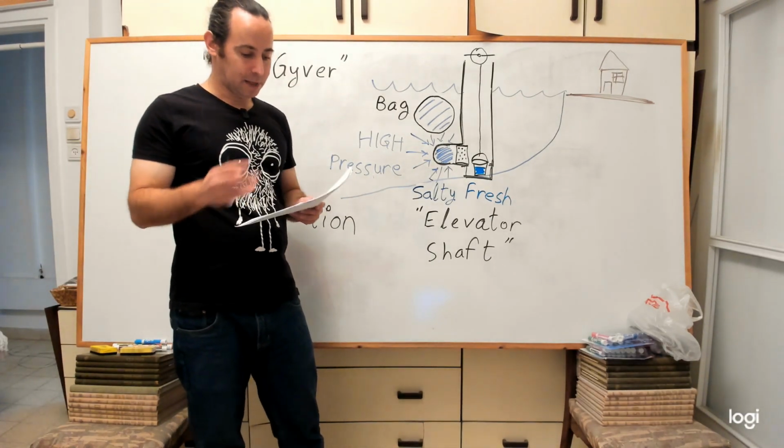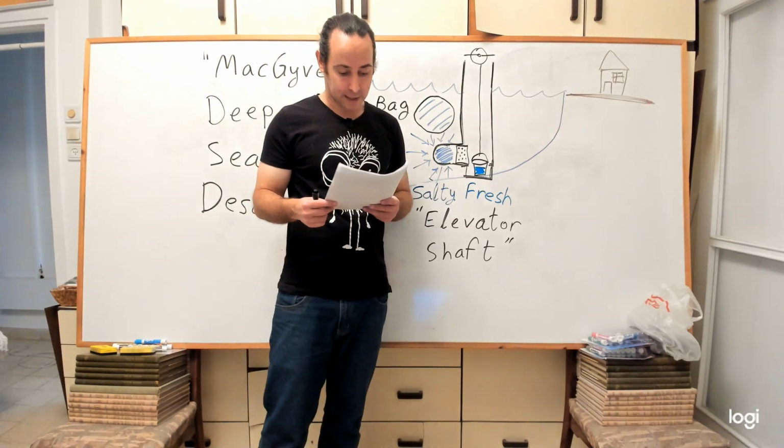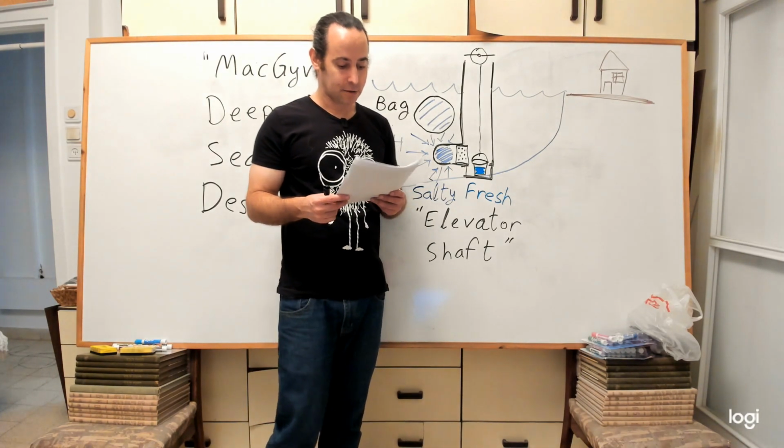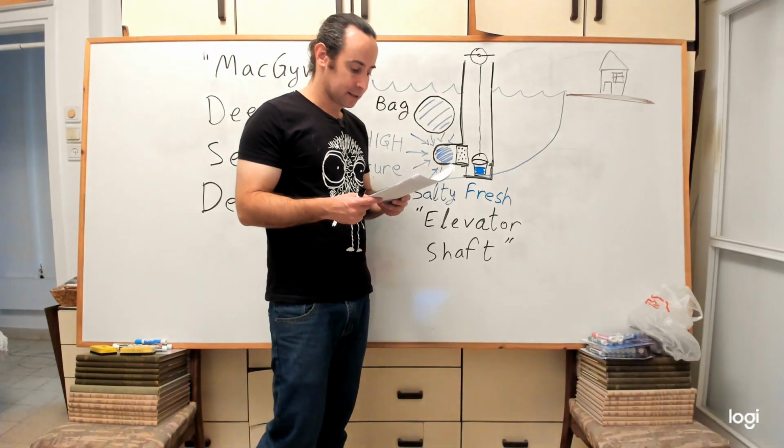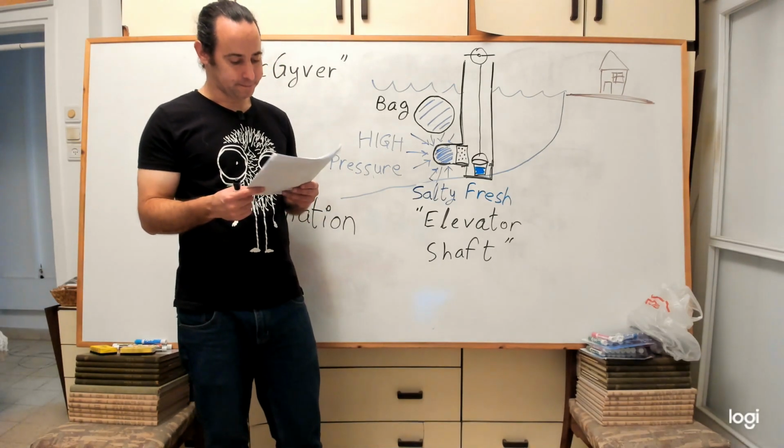Okay, so I will read it to you now and I hope you will understand. MacGyver solution, deep sea desalination. Down at the bottom of the sea, there is a lot of high pressure for free.